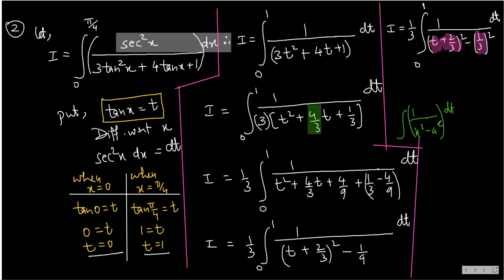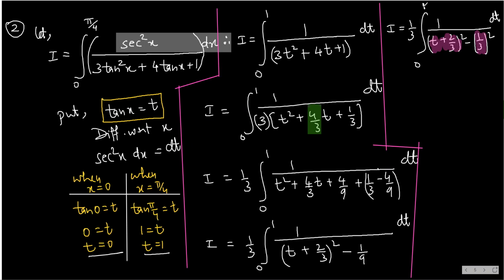And what was the integration of 1 upon x square minus a square dx? It was 1 upon 2a log of (x minus a) upon (x plus a). This all theory has been done in indefinite integration. You can always see that video.